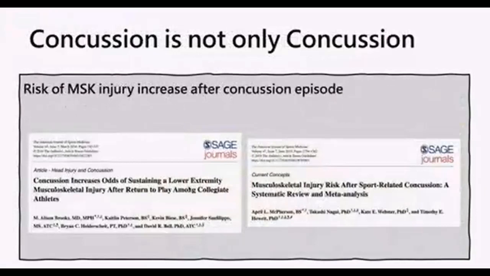And also, concussion is not only concussion, so the risk of musculoskeletal injury actually increases after a concussive episode. So these are two literature talking about this topic.